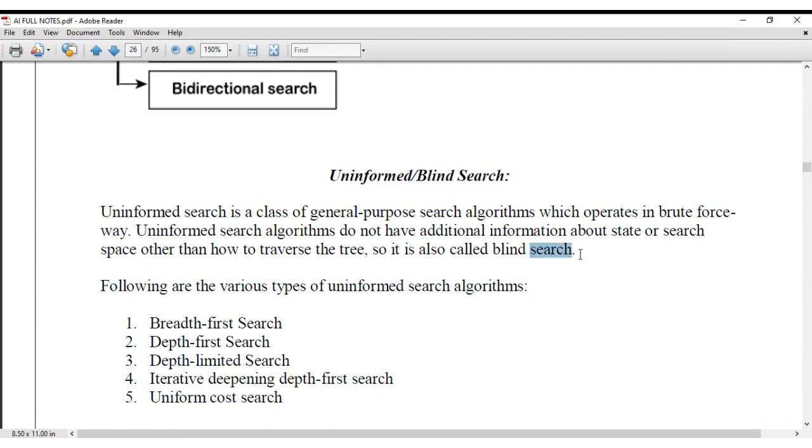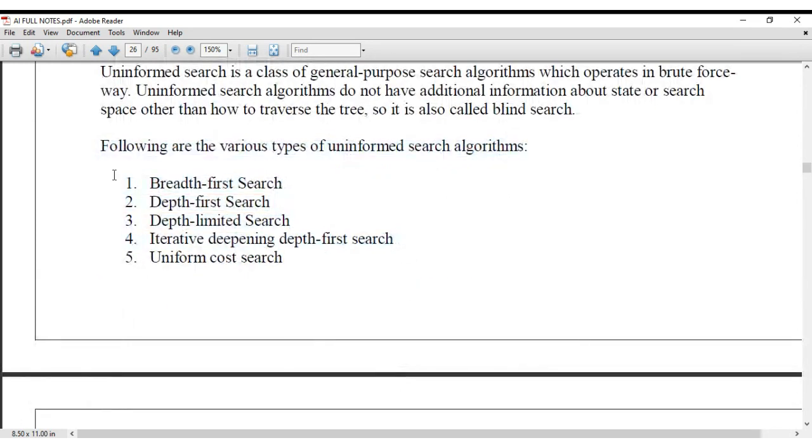So there are various types of uninformed search algorithms: breadth first search, depth first search, depth limited, iterative deepening, and uniform cost search algorithm.